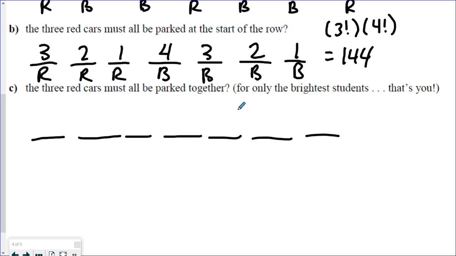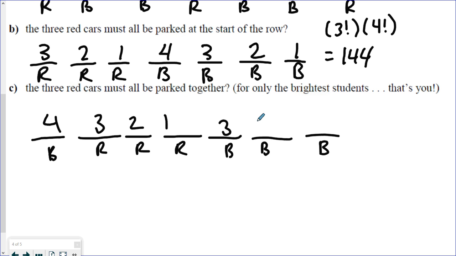Just to start, say those are my red cars, and then black, black, black, black. So if those were my red cars, 3, 2, 1, black, 4, 3, 2, 1. So we know that's going to get me that 144 again.